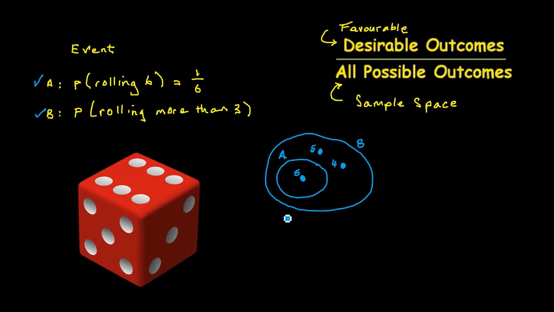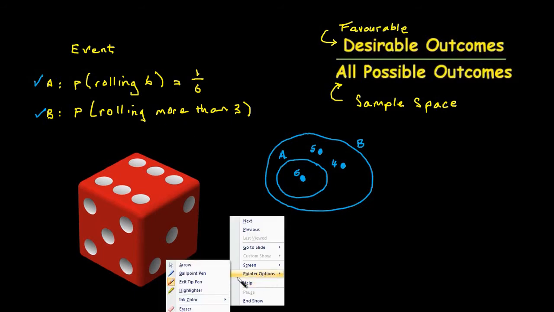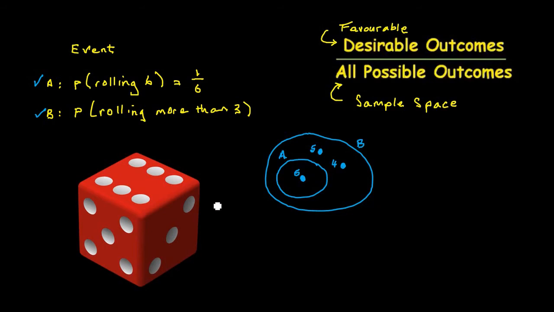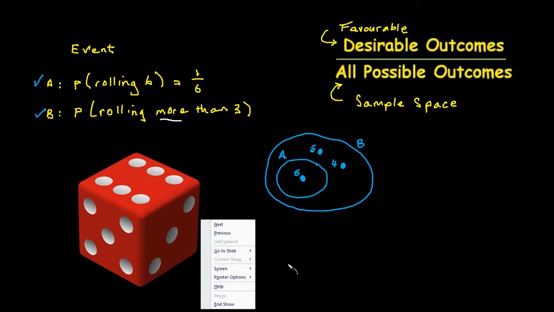And that's what we mean by overlapping. They're overlapping events. Now, what I am going to do now is change this to events which are not overlapping. I'm simply going to change it by altering this word here, so that they're no longer overlapping. Okay, let's do that.